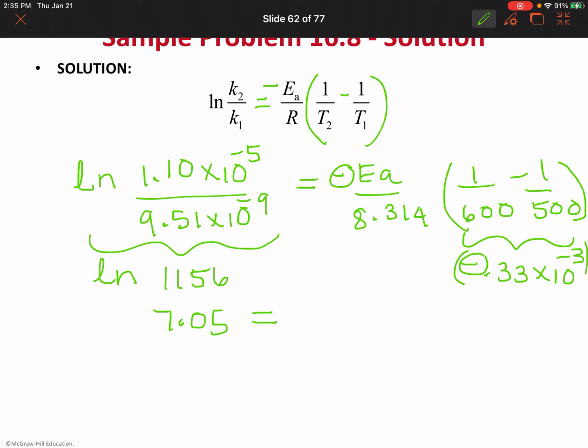When you divide 0.33 times 10 to the negative 3 by 8.314, that would be 4 times 10 to the negative 5. Activation energy times 4 times 10 to the negative 5. So the activation energy would be that divided by 4 times 10 to the negative 5.